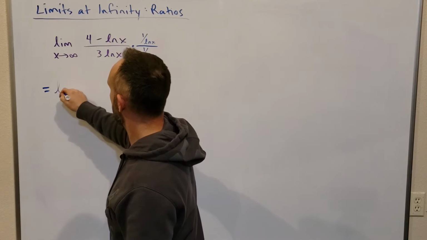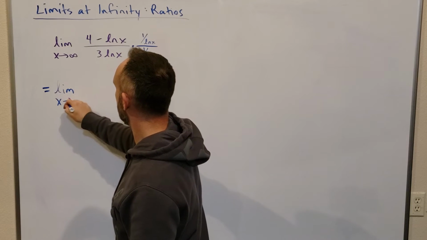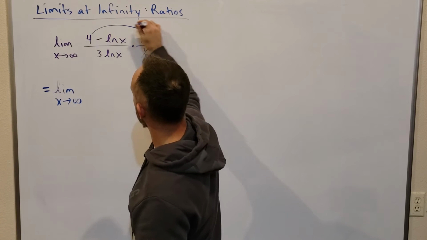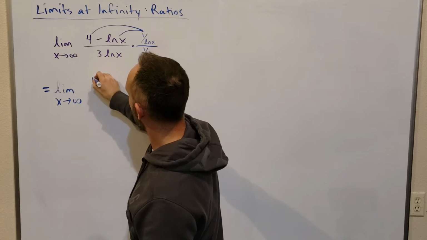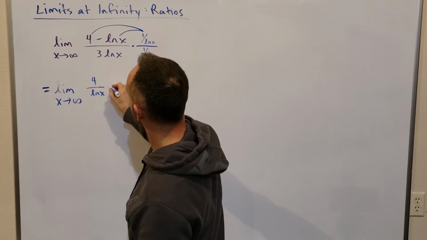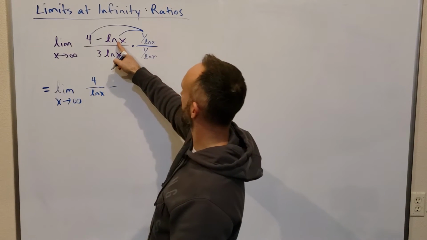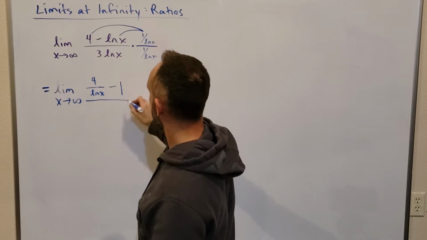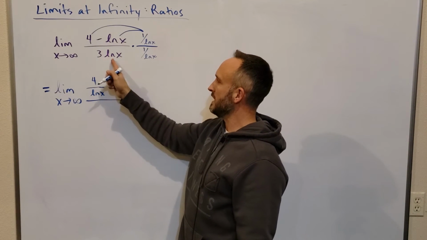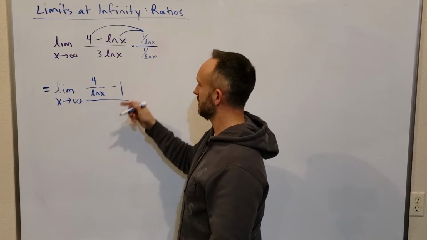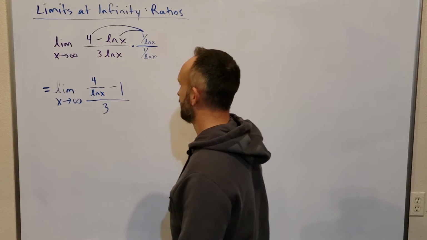Okay? And so what we get here is the limit as x goes to infinity. And because we have the minus here, I have to distribute across it. I get 4 over the natural log of x minus the natural log of x divided by the natural log of x is 1, over 3 times the natural log of x over the natural log of x, cancels and leaves just the 3.